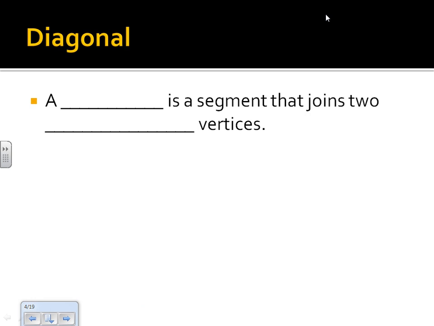We need to talk about diagonals, right? Diagonals.